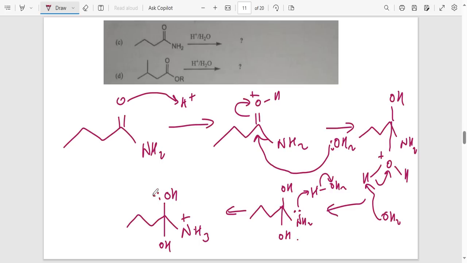Then one of these bonds can break off from here to come and form a double bond, and then this group can break off. So this is what we're going to have.